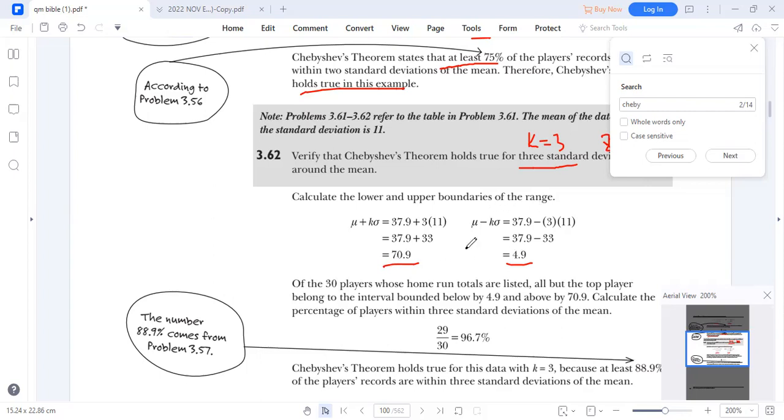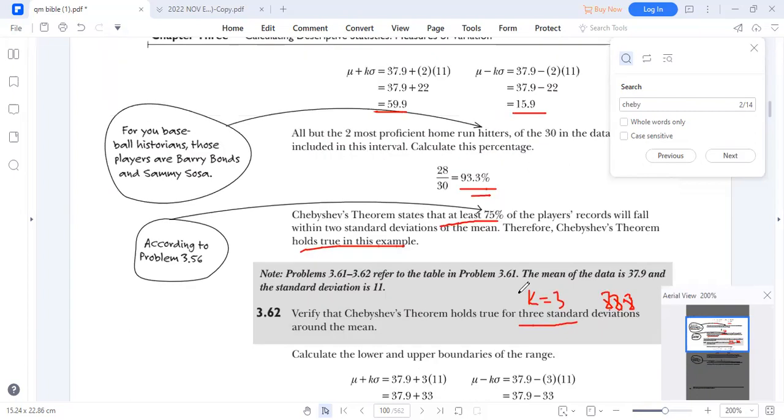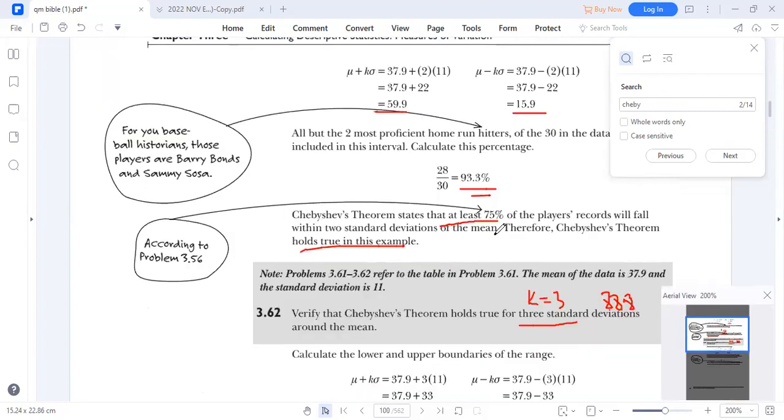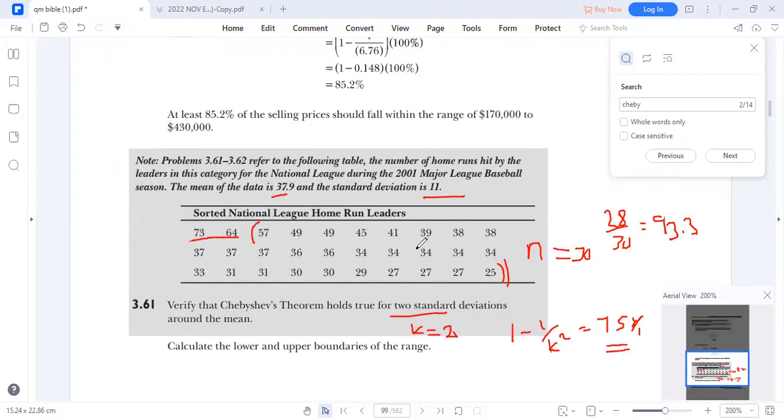So when we get this, we'll go here again. Between 70.9 and 4.9, which ones carry? These ones are above 4.9. And the upper bound is what? 70.9, so we end here. Why not adding the 73? Because it is above the 70.9. So how many observations do you have? 29 out of 30.